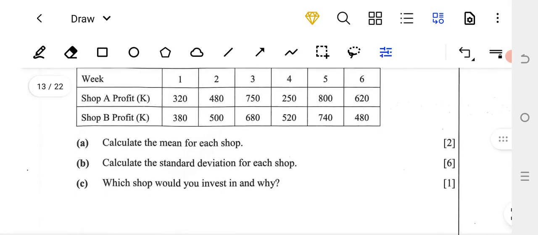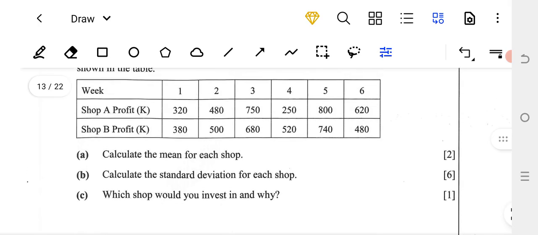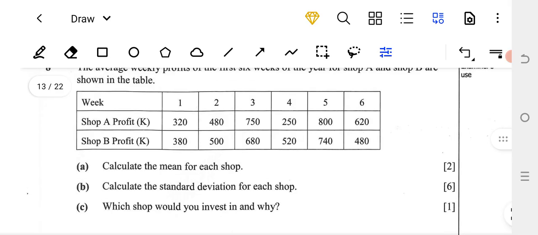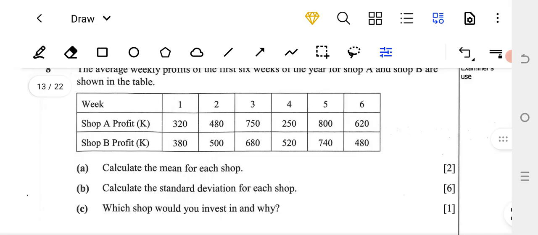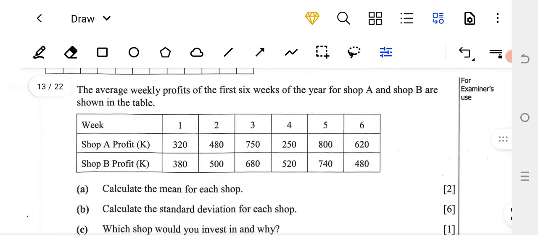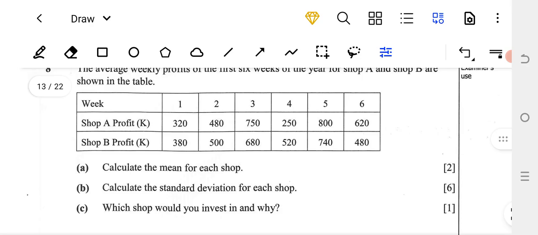So to answer the last question, the shop which you would invest in is the one with the smaller standard deviation. It means that this shop has a higher likelihood of making profits, because the profits do not deviate that much.